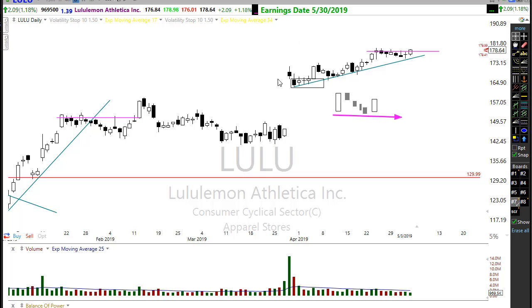So we gap, we get that little resting pullback, that little consolidation, and then the stock continues to move itself higher. Okay, that's where that energy momentum is coming into play in the stock. We got this kick, like kicking the football.